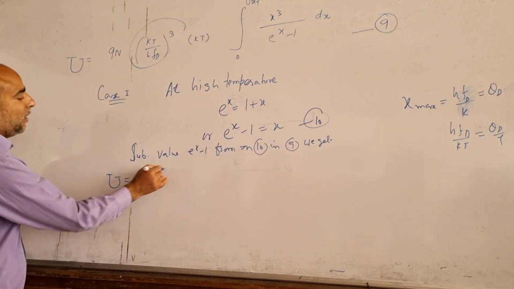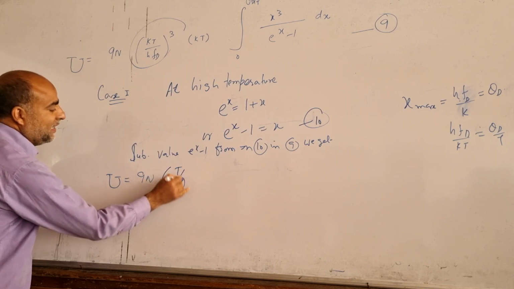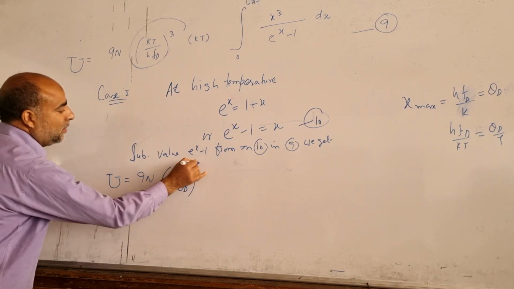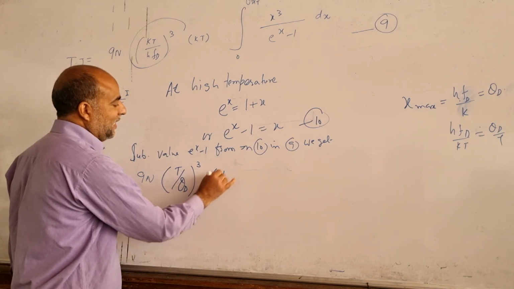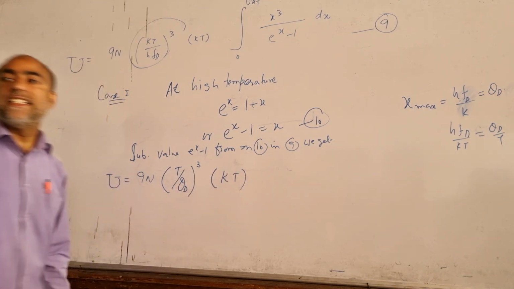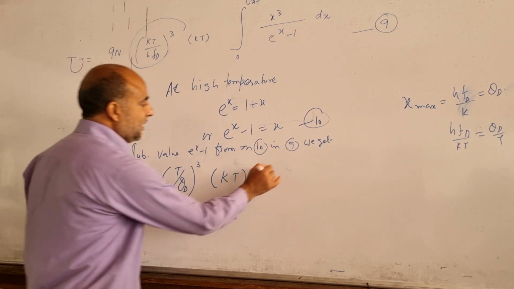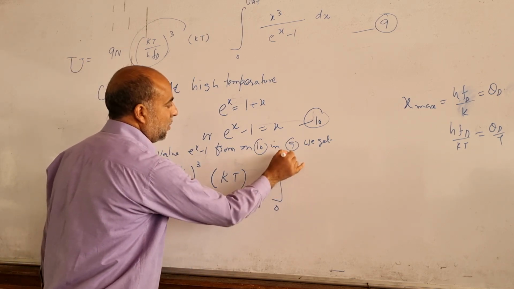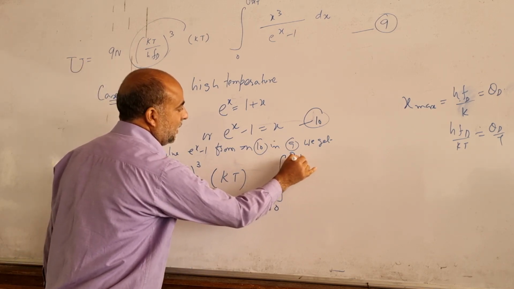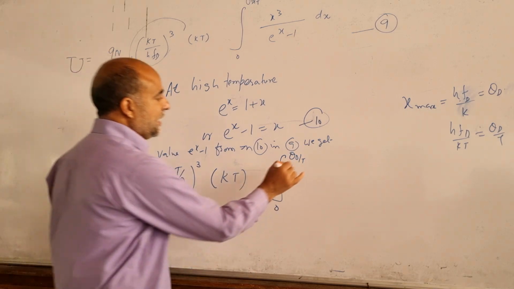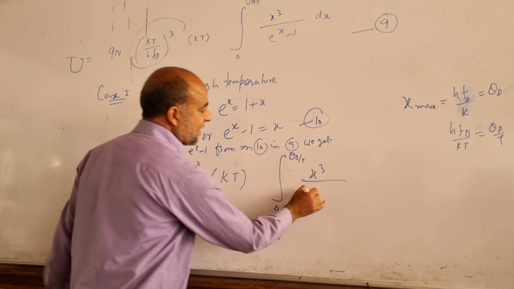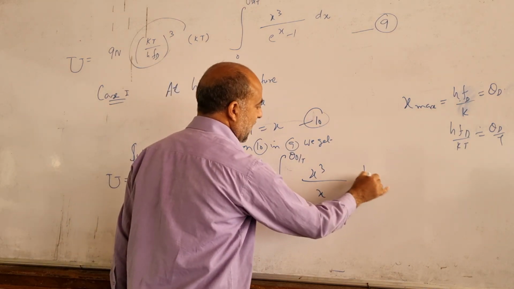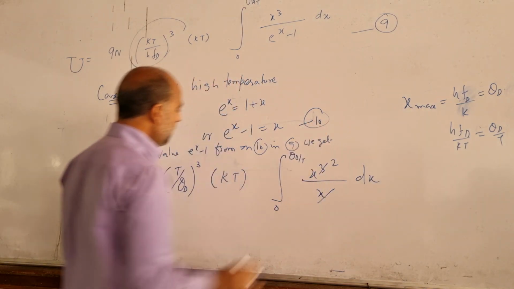So I can write T by theta D whole cube, and you have kT. Then in the integral you have 0 to theta D by T, of x cube by x dx, so one x cancels.